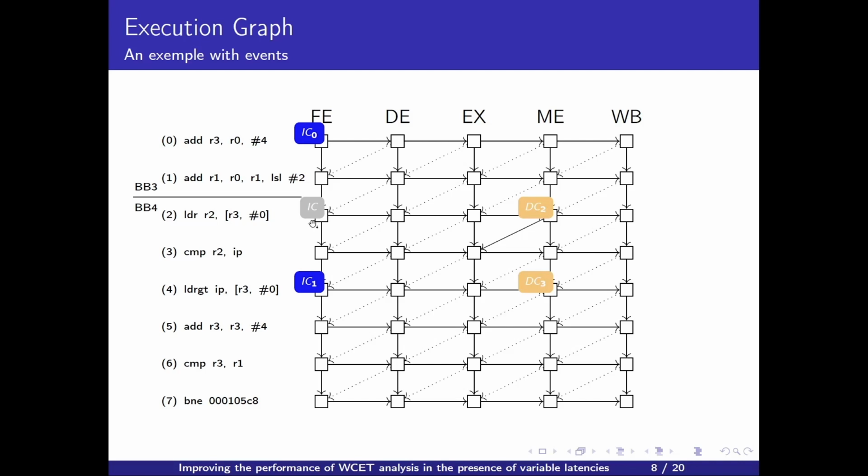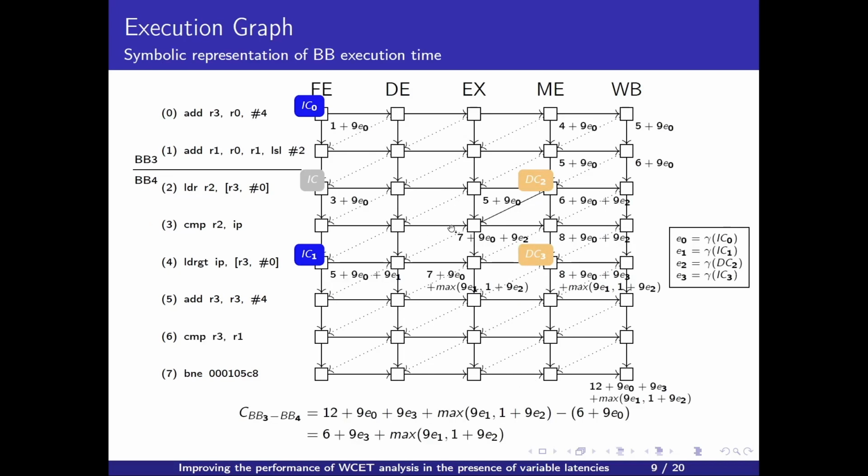So now, what happens if we want to include events in the computation of the execution graph? If we represent symbolically the execution time of each node, we can find 1 plus 9 times E0 at the end of stage fetch of instruction 0, which means 10 cycles if E0 is active, one cycle otherwise.